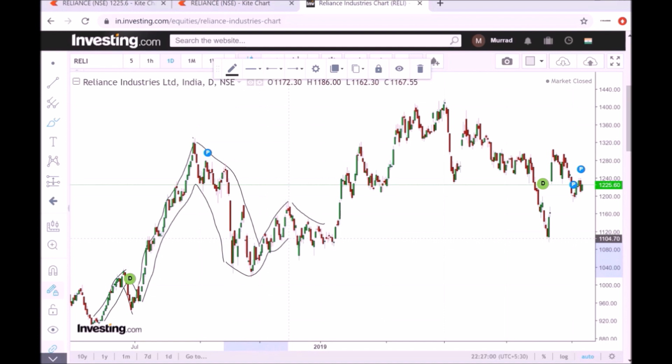So if I complete this, an uptrend, and then a downtrend, finally moving towards our final price. So see, it first went up and down.